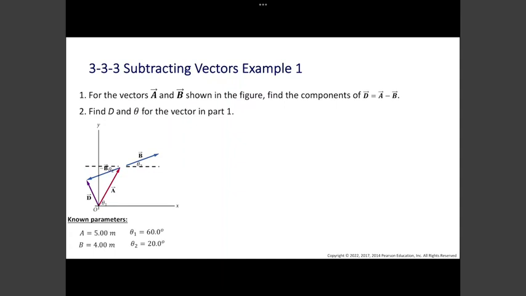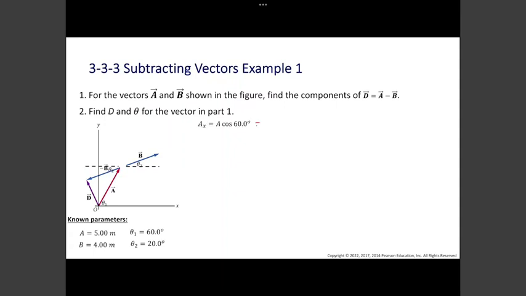Now to find vector D, we need to find the x and y components of vectors A and B. The x component of vector A is simply A cos theta, and here theta is 60 degrees.